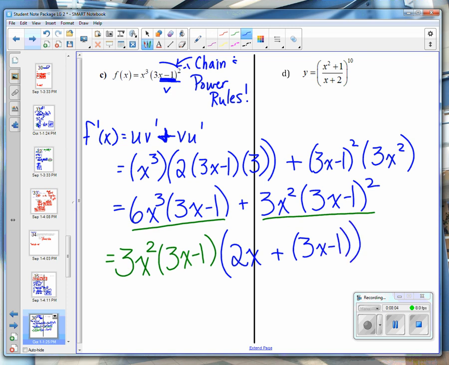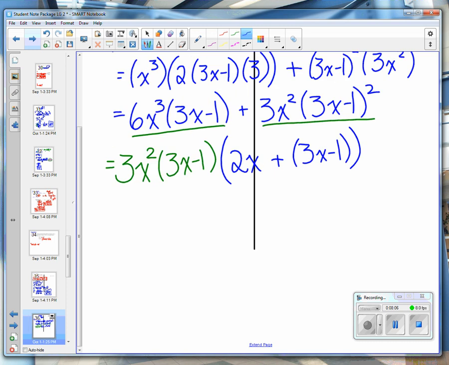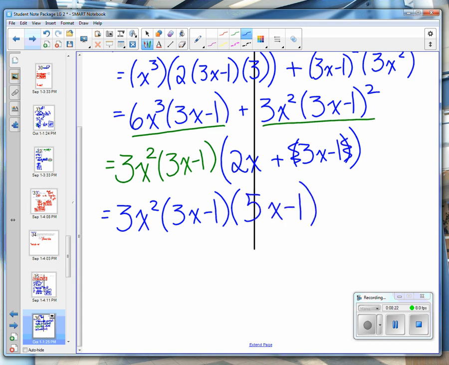So we are factoring using a GCF here. All right, now let's simplify a little bit further. So I've got 3x squared times 3x minus 1 times, and we don't really need these brackets because it's just adding, 5x minus 1. And that can be our final answer.